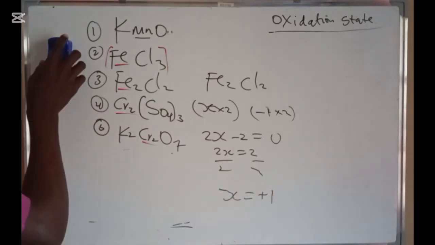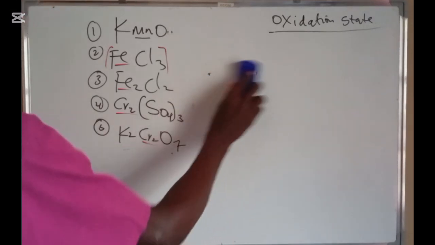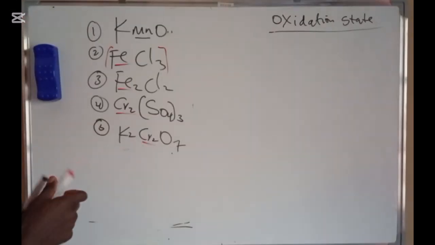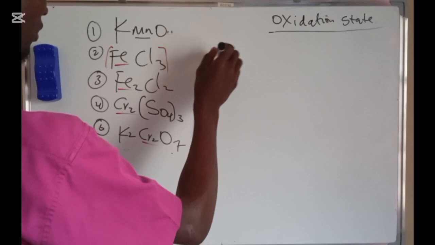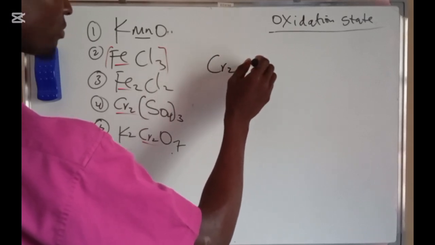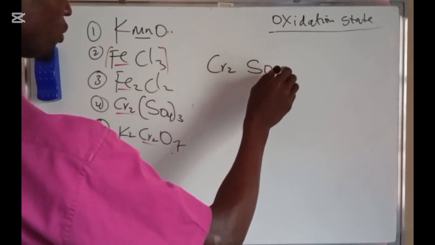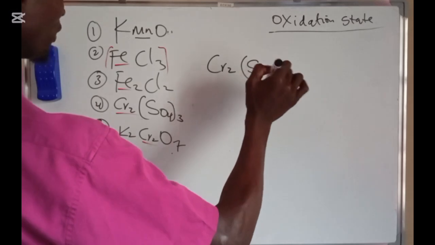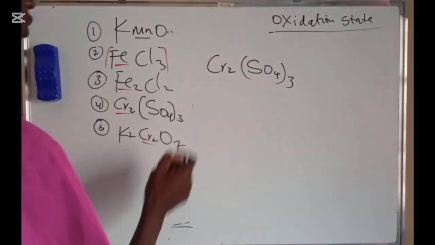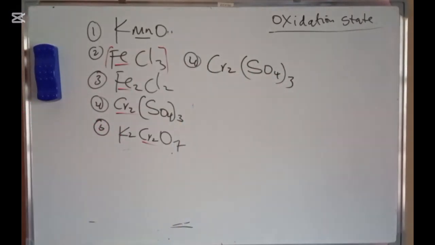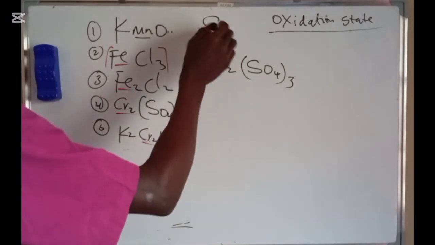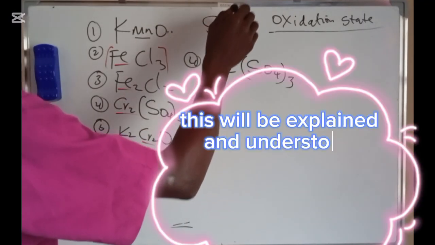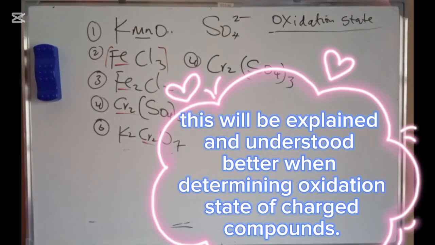Then the fourth example is chromium. I want to calculate the oxidation state of chromium here. So this is 3 here. Now the sulfate ion itself has a charge of -2 on it.